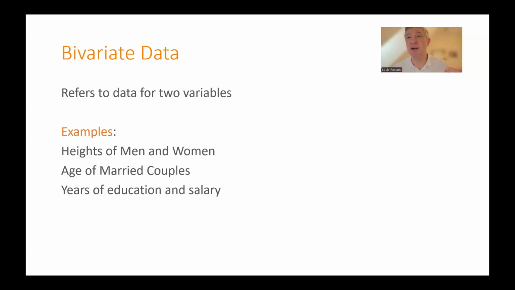Do two variables trend in the same direction? Here are some examples of bivariate data: the heights of men and women, the age of married couples, years of education and salary. You can think about how each one of these may trend together in some way.